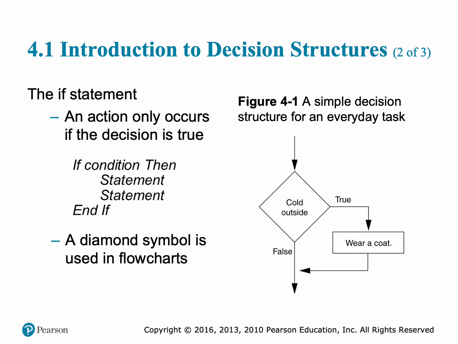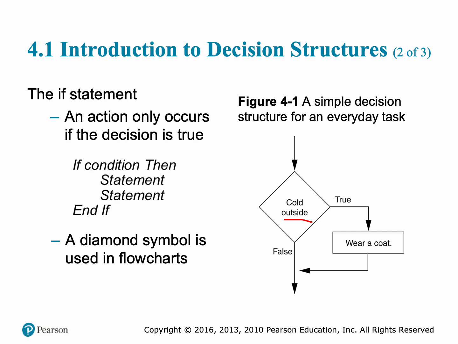Let's look at the if statement, the first one. So the if statement, it's simple. If something happens, perform some sort of code, execute some sort of code. So let's look at the flowchart equivalent of an if structure. The condition that you are testing to see if it is either true or false is going to be inside of a diamond.